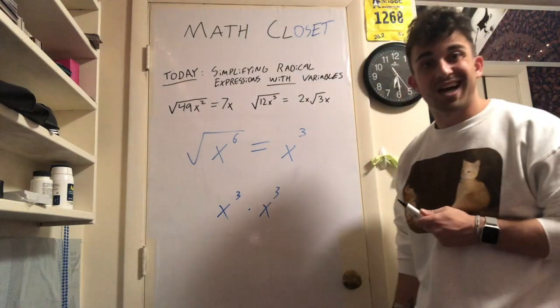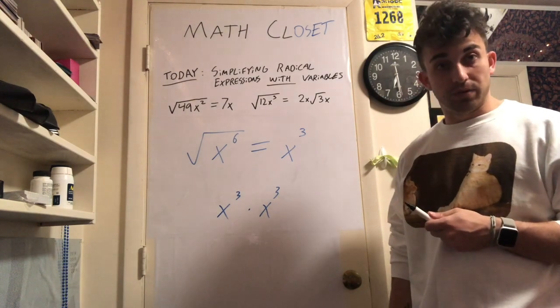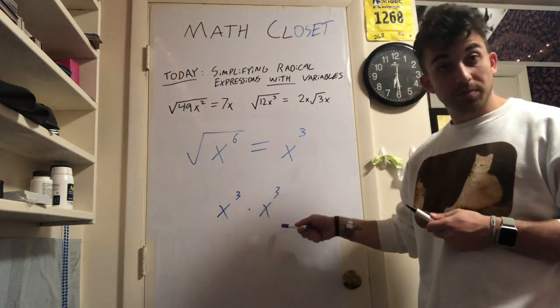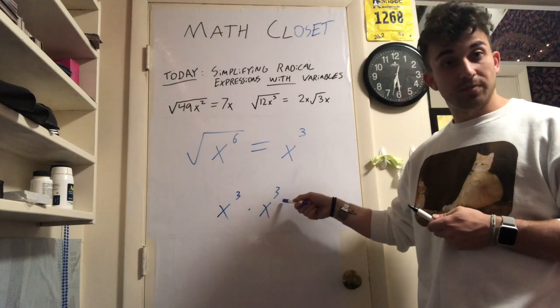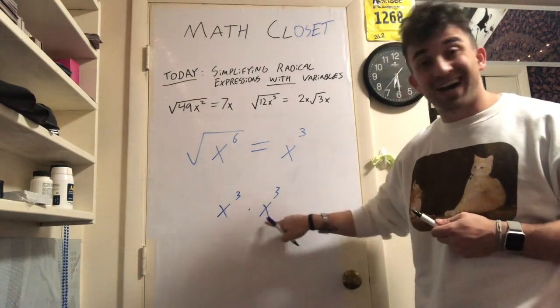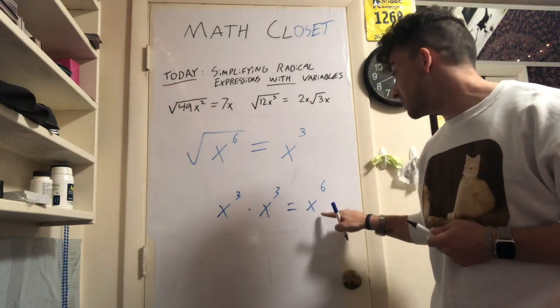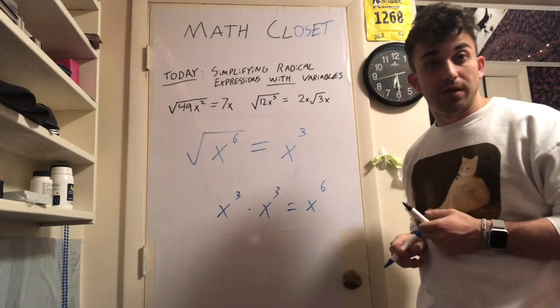X to the 3rd times x to the 3rd. If you remember your exponent rules, when you are multiplying a term with the exponent, you add them together. So x to the 3rd times x to the 3rd, that is x to the 6th, just like we started out with.